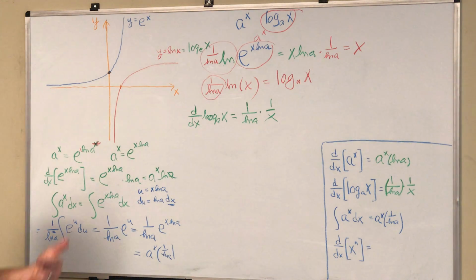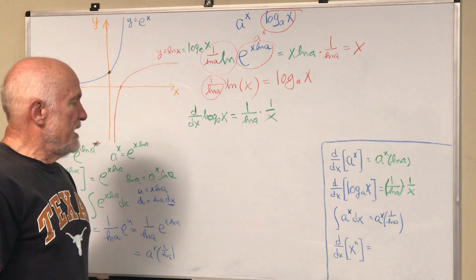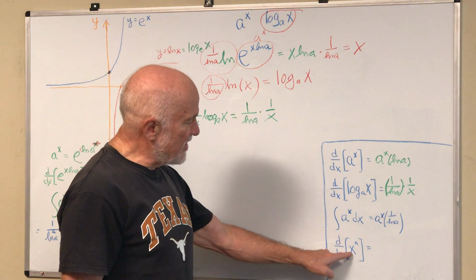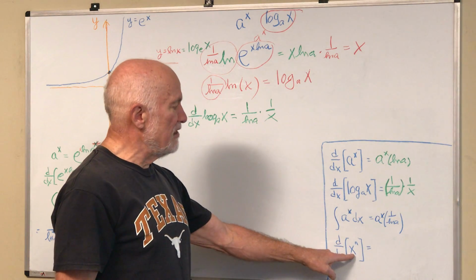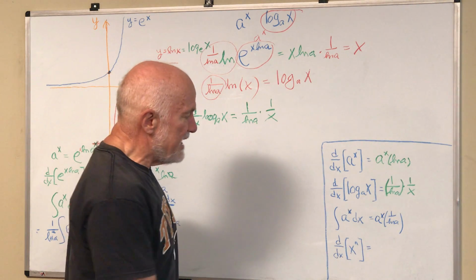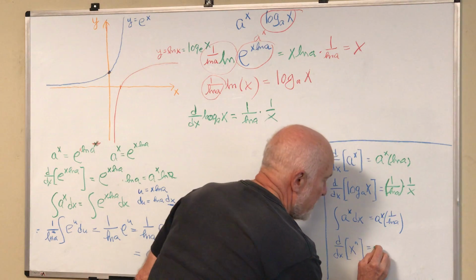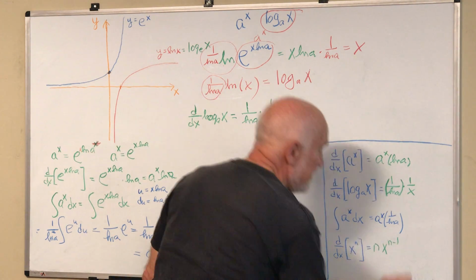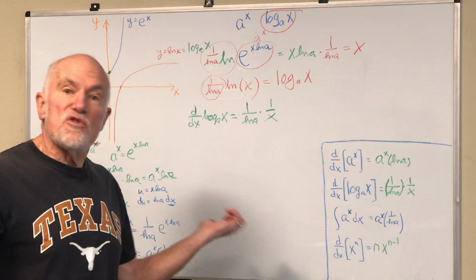So we're almost ready to do a few examples. But why did I put this down? This is something we've had, the power rule, for a long time. We said the derivative of this was n x to the n minus 1. It's probably the derivative formula we've used most often.